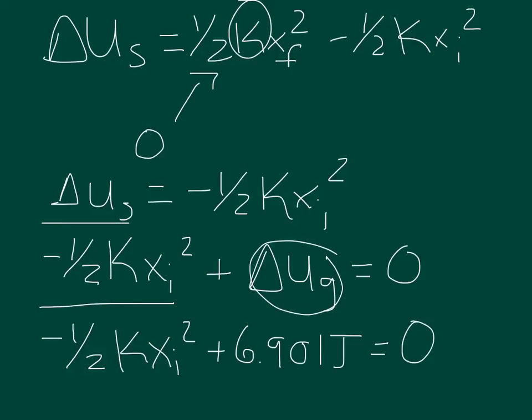Again, we're trying to solve for k, and I know that the initial position for the spring was negative 0.120 meters. So now let's do this and solve for k.